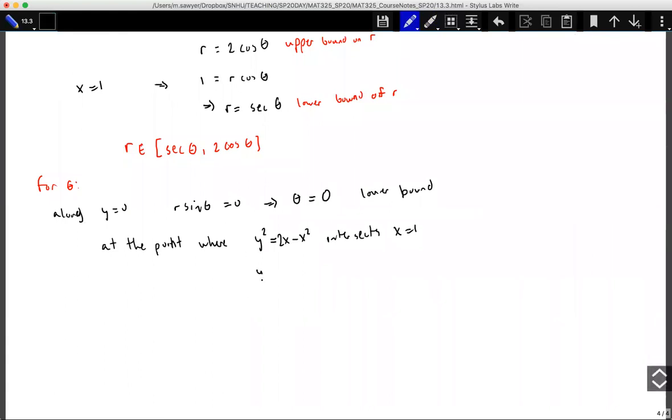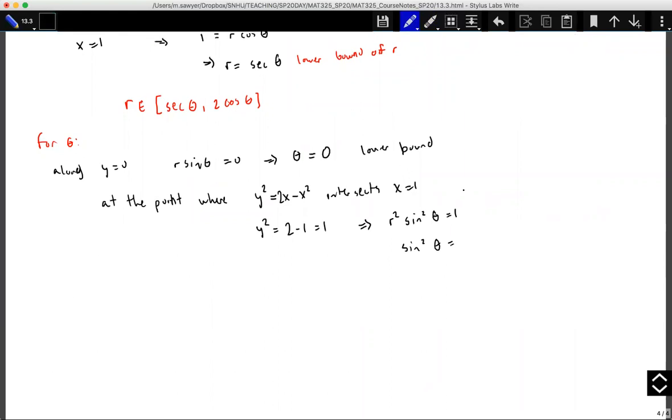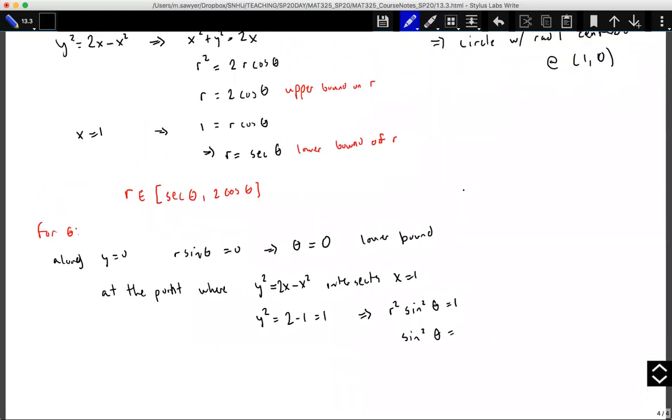We see that y squared is equal to 2 minus 1 equals 1. Using polar coordinates, we see that r squared sine squared theta equals 1. So we get that sine squared theta equals 1 over r squared.